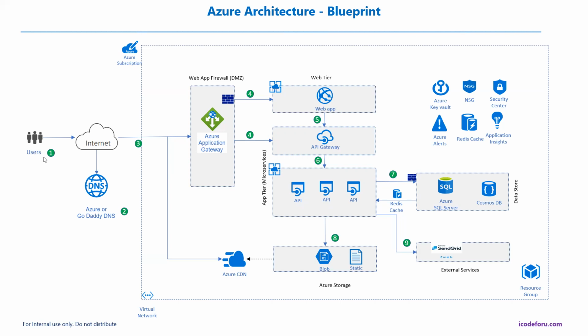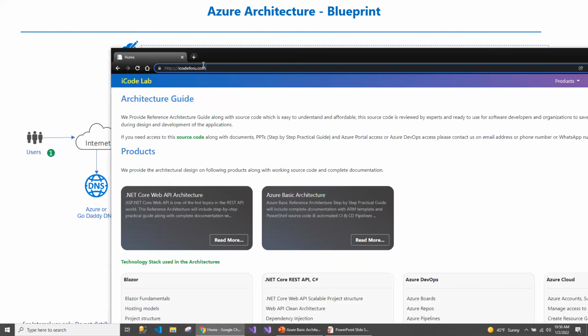So you have to start with point number one. When you enter the URL, as I mentioned, this architecture is created for the website which I'm working on right now. It's called icodeforyou.com.